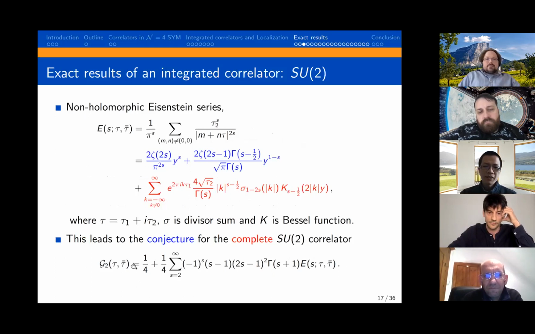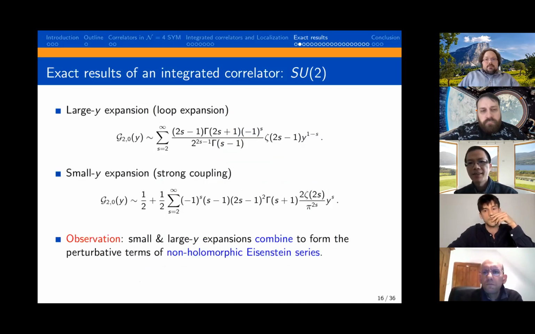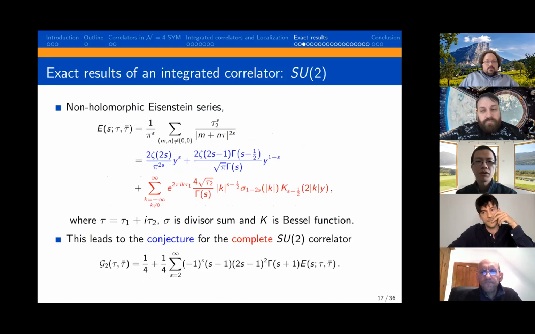Yeah, of course, you can think of this as a formal series. Can I ask a question? Actually related to the previous one, because there you also wrote a term which corresponds to the small Y expansion. Right. But the expansion of the Eisenstein series, which you showed, you just said corresponds to the large Y expansion. Oh, no, sorry.